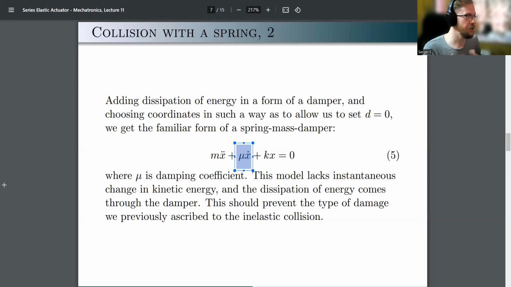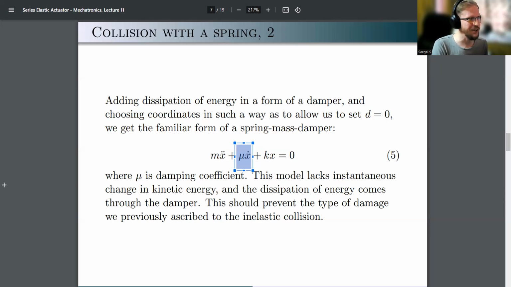But if you're interacting with destructible material or something like this, you have to additionally take into account properties of the material. Here we are thinking mostly about a perfectly rigid wall and a perfectly rigid body, like a point mass, and we are basically saying that there is no instantaneous change of kinetic energy.